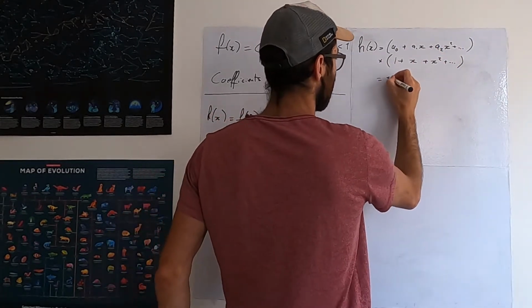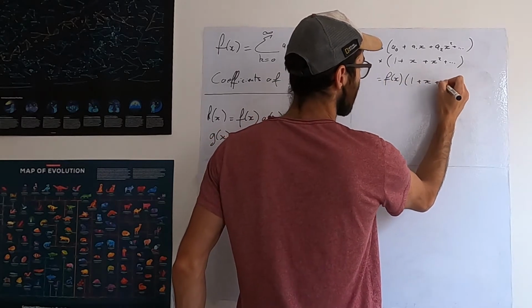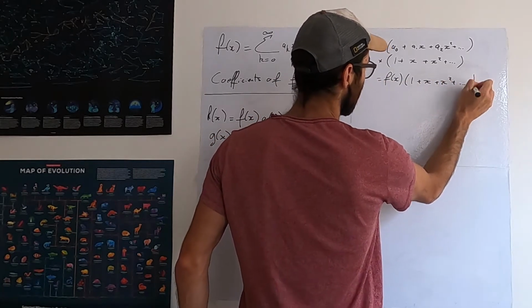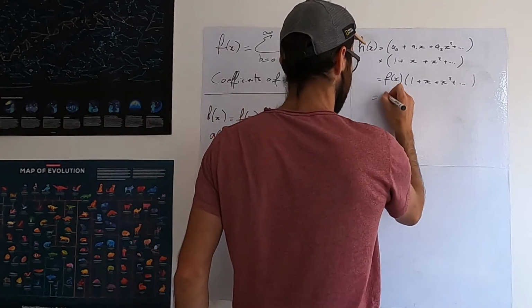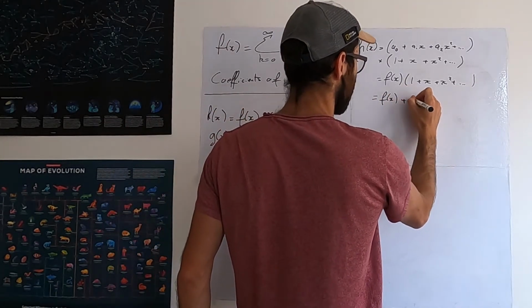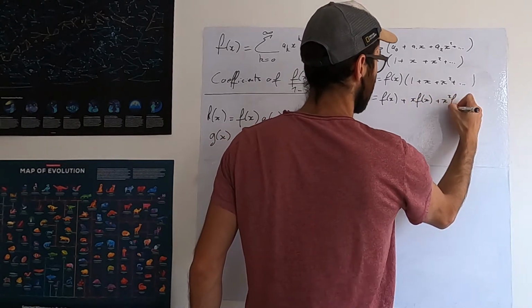So this is f(x) times 1 plus x plus x^2 plus and so on, and we can just expand this, so we get f(x) plus x f(x) plus x^2 f(x).